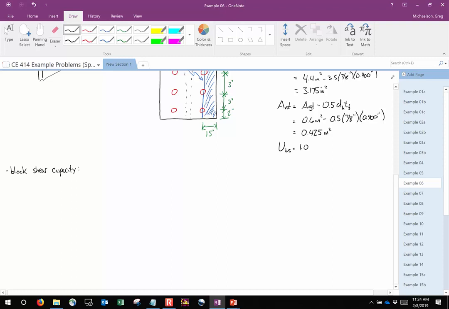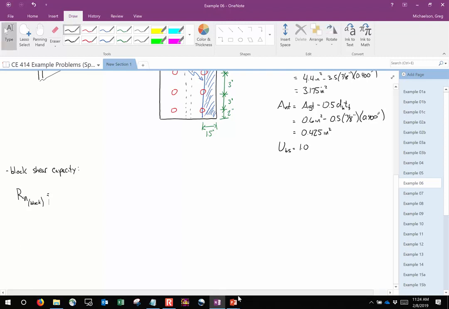Okay, block shear capacity. What I'm going to do is this. The first thing we're going to compute is Rn for one block. Because remember, all these gross areas and net areas are all referencing a single one of those failure blocks. But there's 4 of them along the entire wide flange. So we're going to compute this, then we're going to need to multiply it by 4.